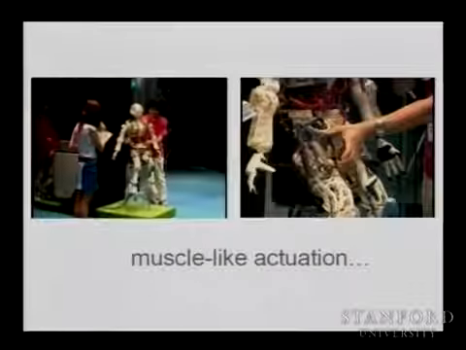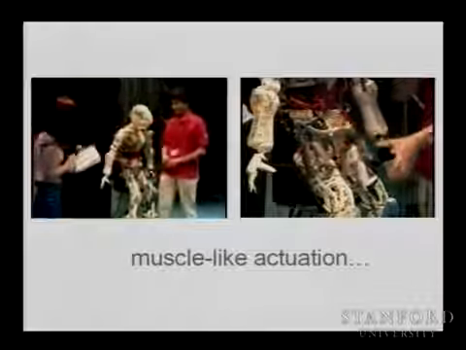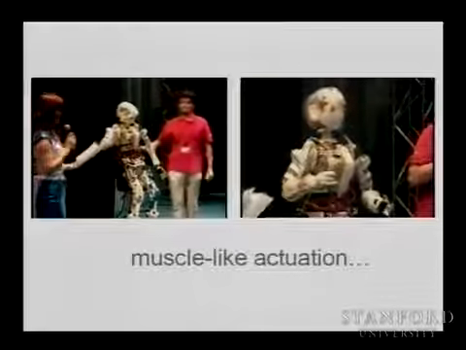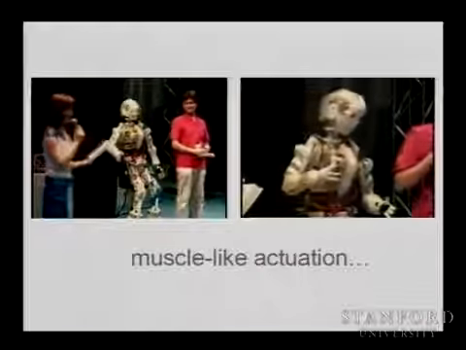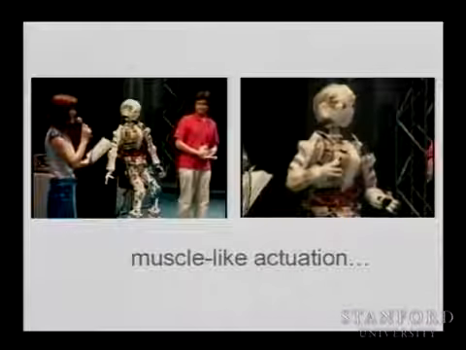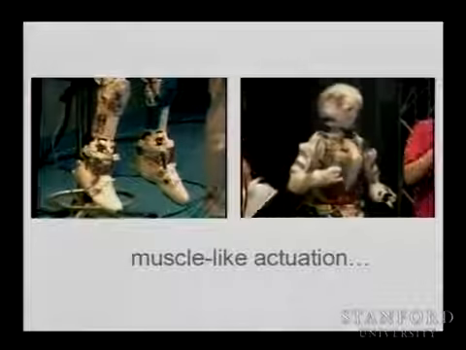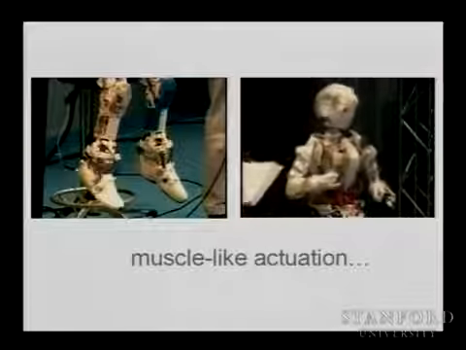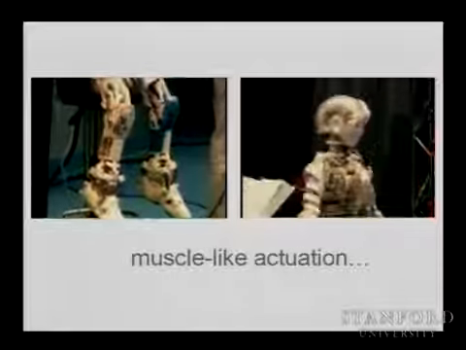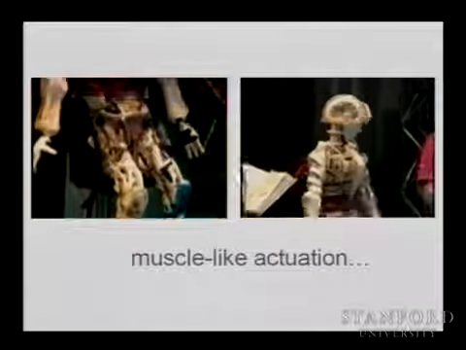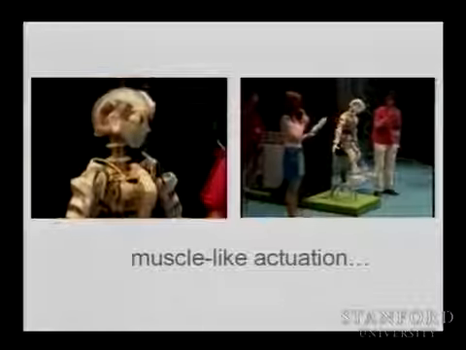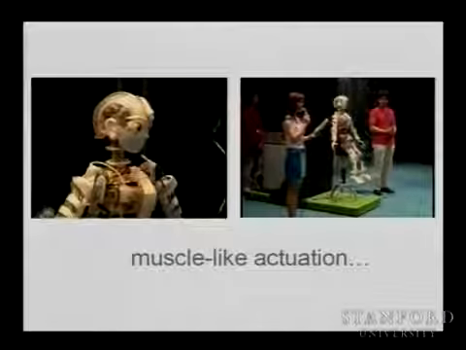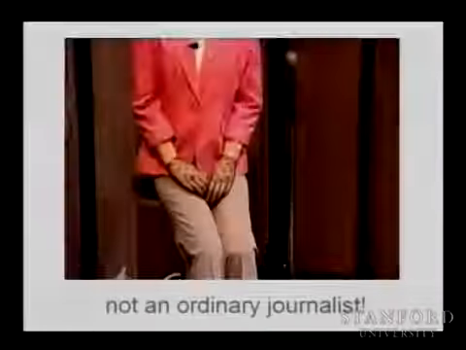Oh, this is one of my favorites. This has human-like actuation in it, so artificial muscles that are used to create the motion. But obviously, you have a lot of problems with artificial muscles because dynamic response is very slow, and the power that you can bring is not there yet. But we will talk about those issues as well.